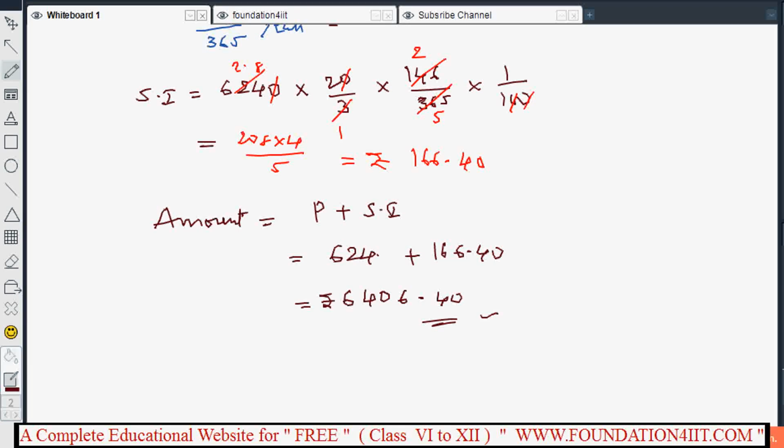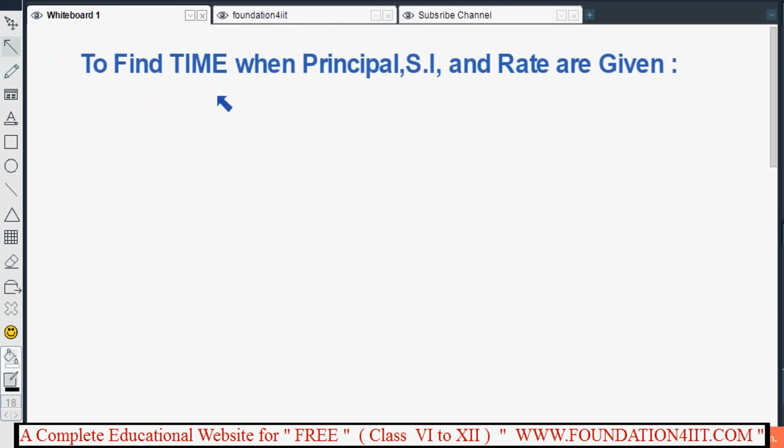Fine. Now next, for example, if they ask to find the time when principal, simple interest and rate are given, we'll see now. So when principal, simple interest and rate are given, how do we find the time? Generally we know the formula of simple interest, right? Simple interest is equal to P into T into R by 100.